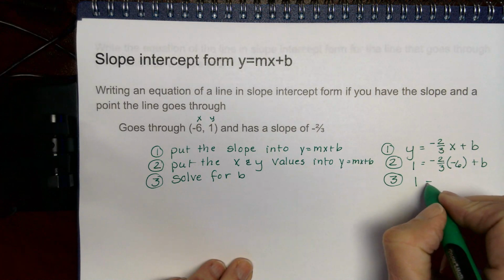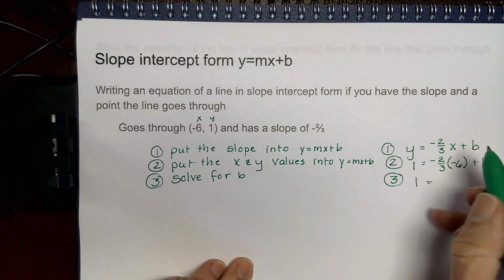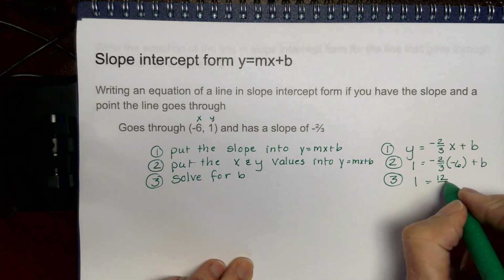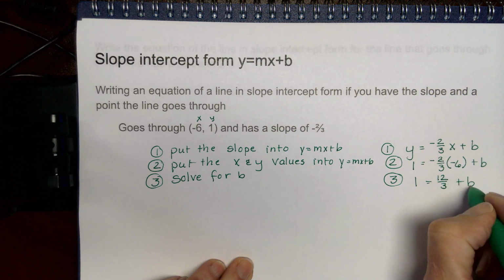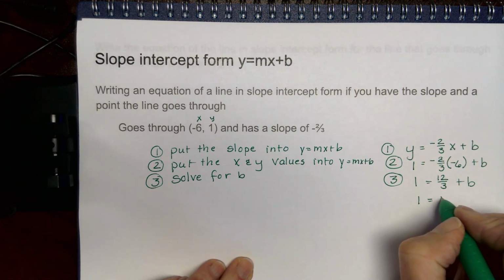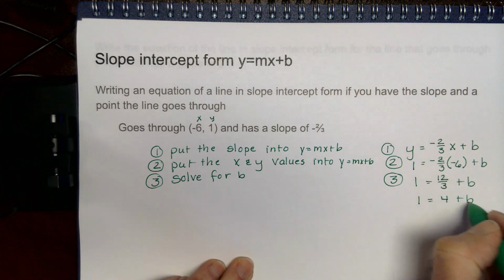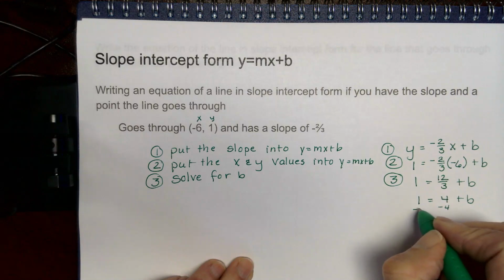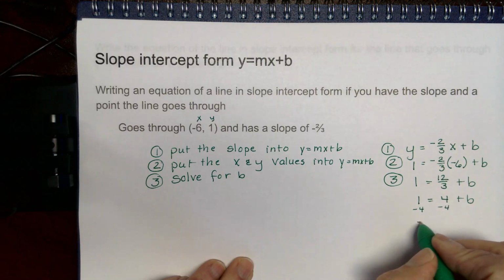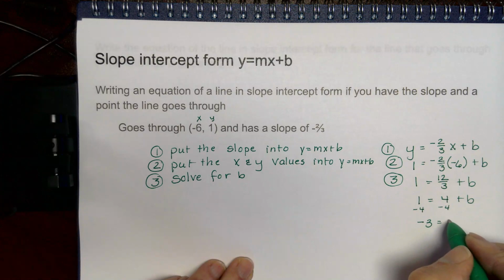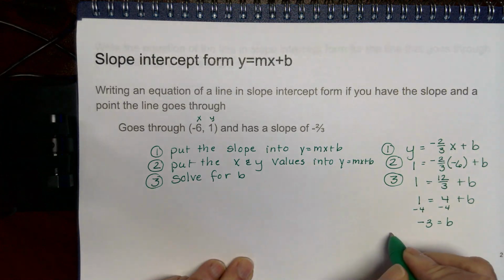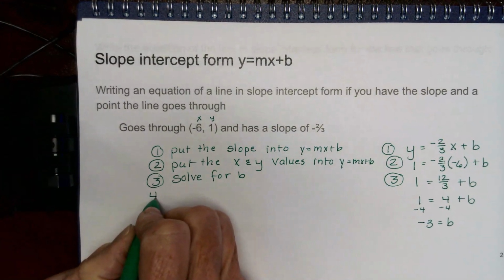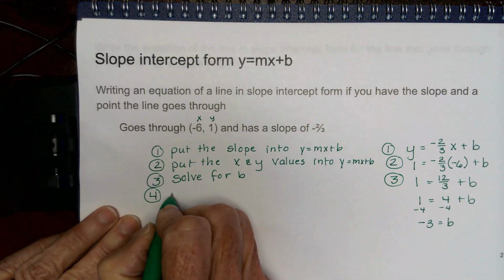I have 1 is equal to -2 times -6, which is 12, over 3, plus b, or that's 1 is equal to 4 plus b. I subtract the 4 from both sides, and I find that b is equal to -3.